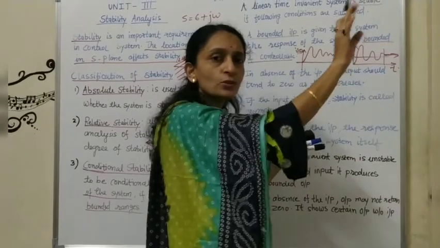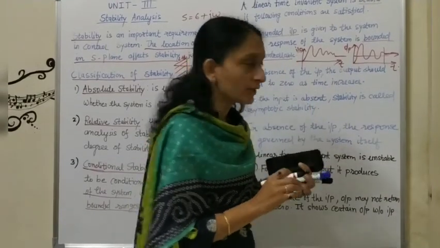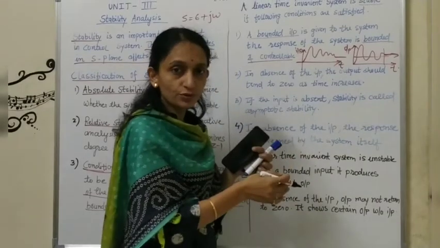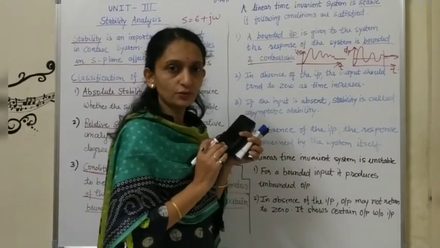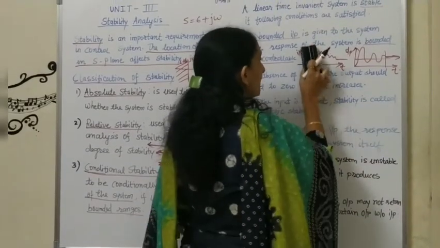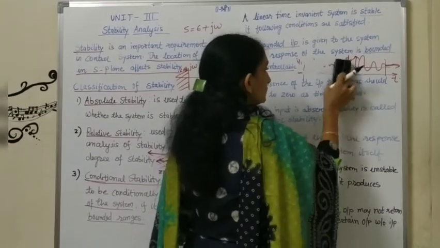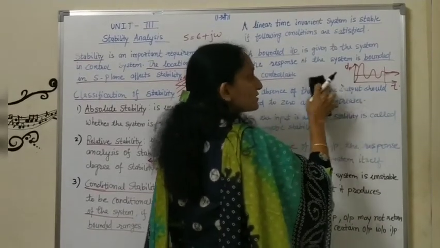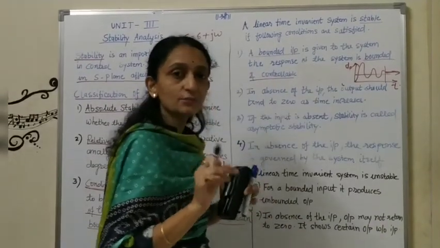This output is not increasing continuously. So when you give a bounded input, you get a bounded output. Such a system is called bounded input, bounded output. If such a condition is there, you can say that the system is stable.